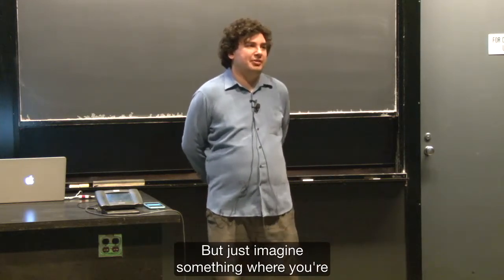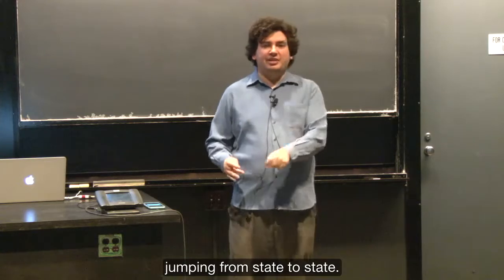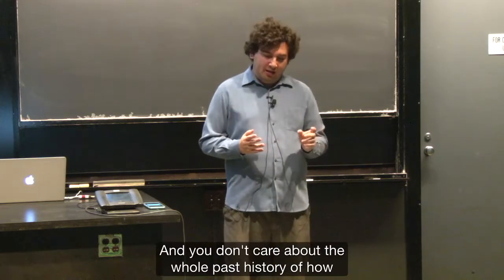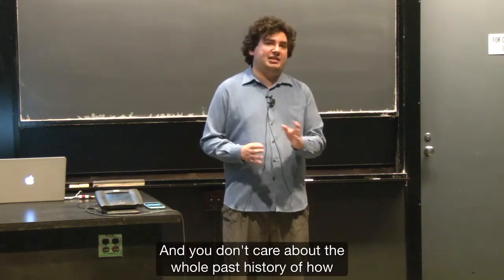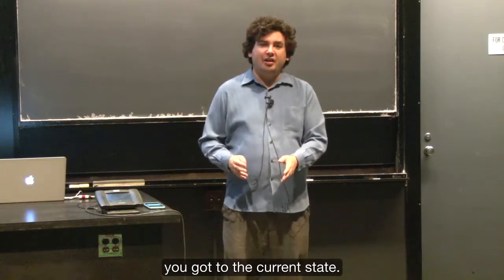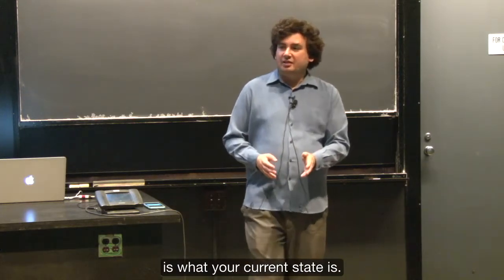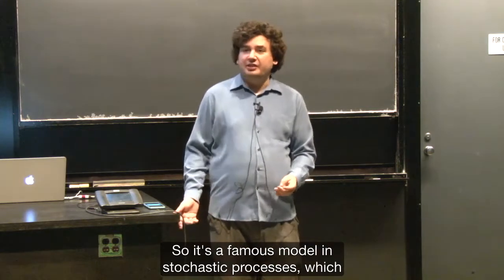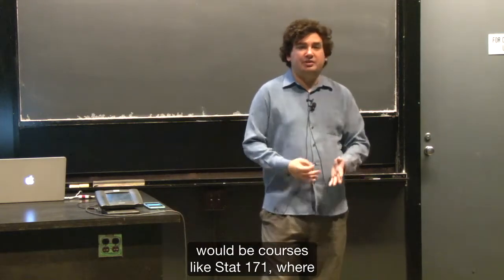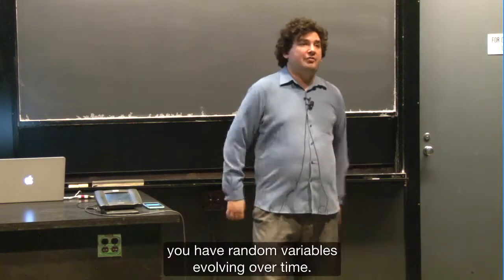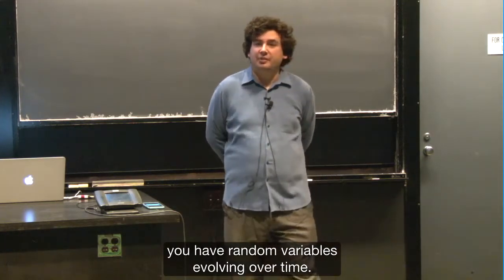But just imagine something where you're jumping from state to state and you don't care about the whole past history of how you got to the current state. All that matters for predicting the future is what your current state is. So it's a famous model in stochastic processes, which would be courses like Stat 171, where you have random variables evolving over time.